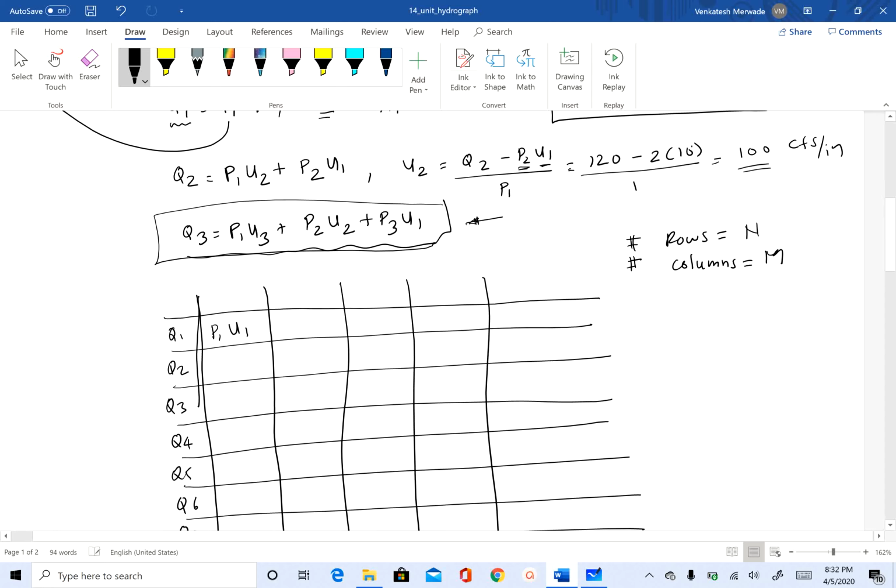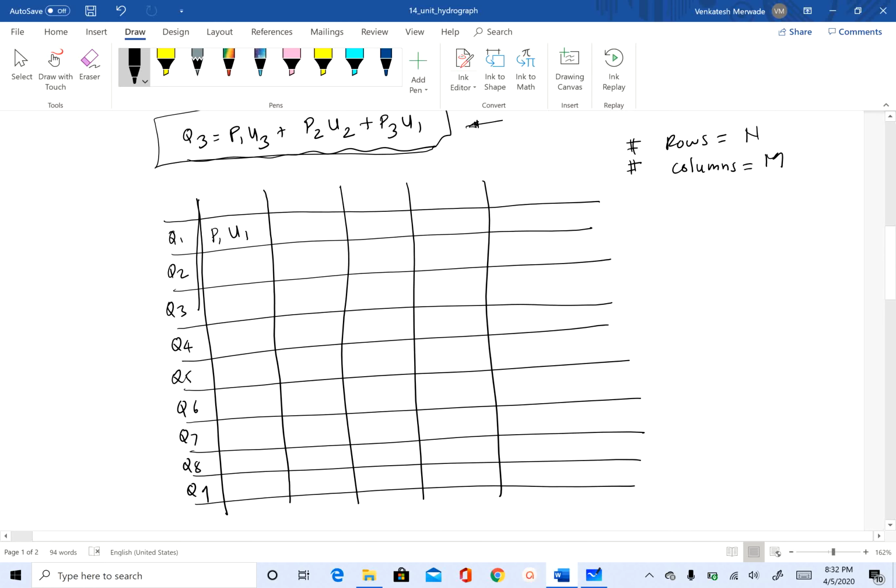In the first column, I will use P1 and then all the unit hydrograph ordinates: P1 U1, P1 U2, P1 U3, P1 U4, P1 U5, P1 U6. That's my first column. In the second column, I will not start on the first row, I will start on the second row, and do the same thing.